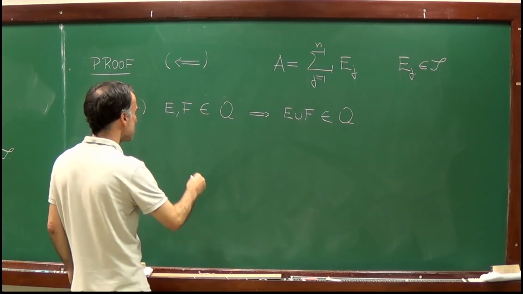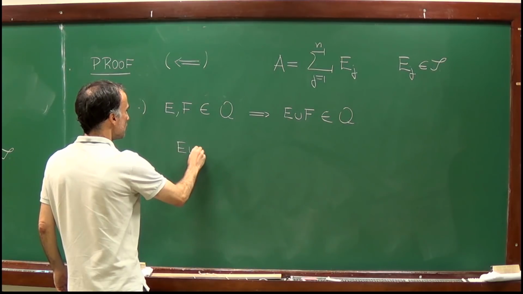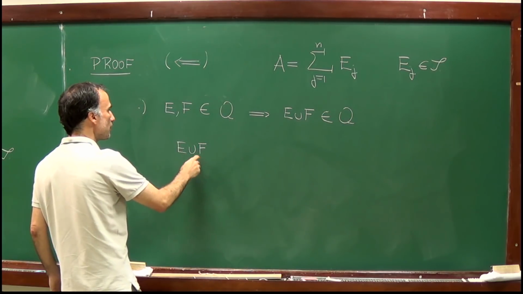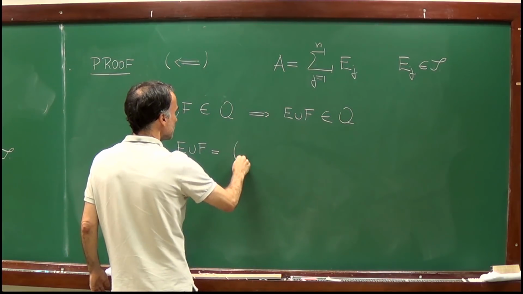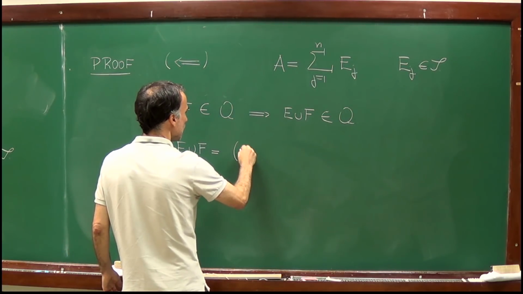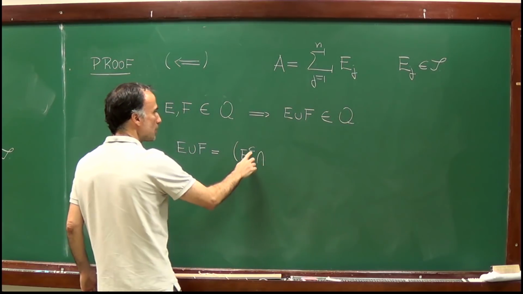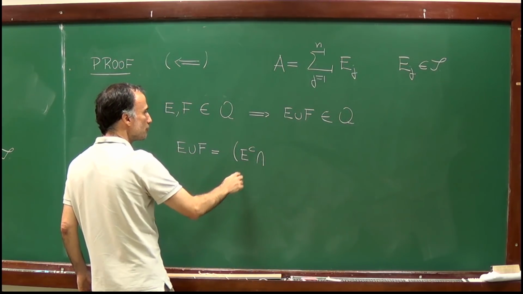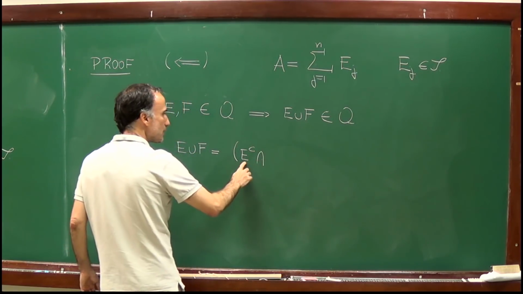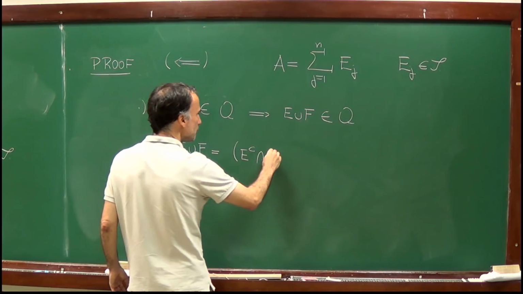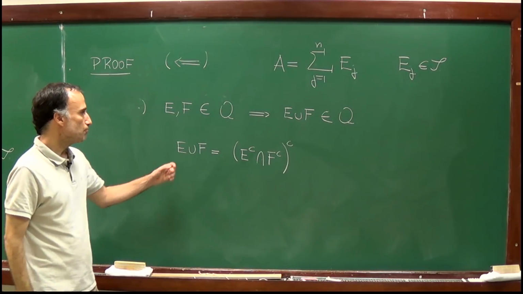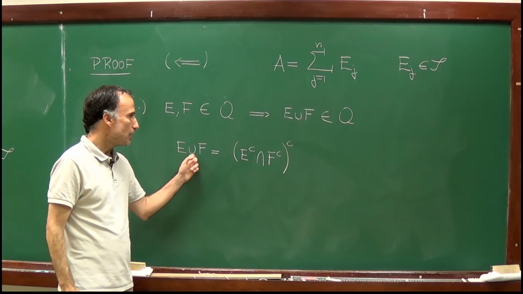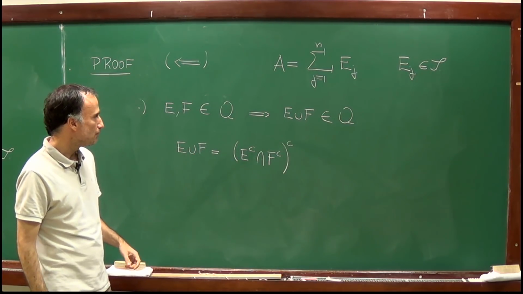This is clear because I can rewrite the union of E with F as the complement of the intersection of the complement of E with the complement of F, where E^c denotes the complement of E. You can easily check that these two sets are equal.